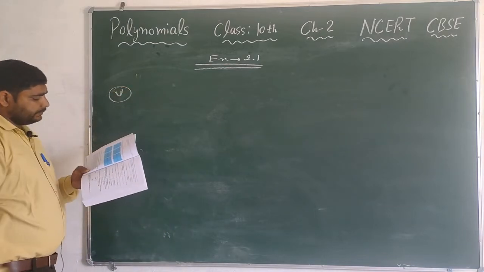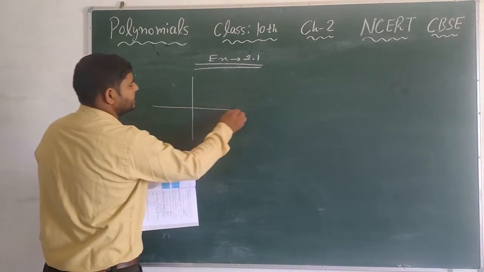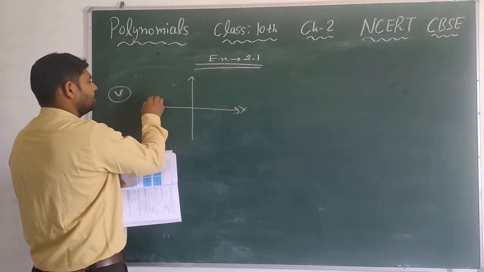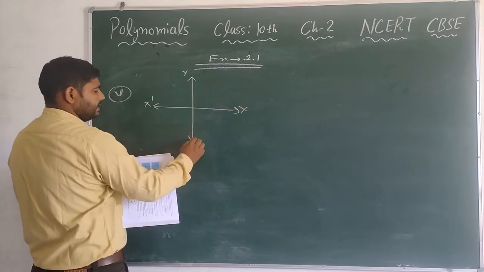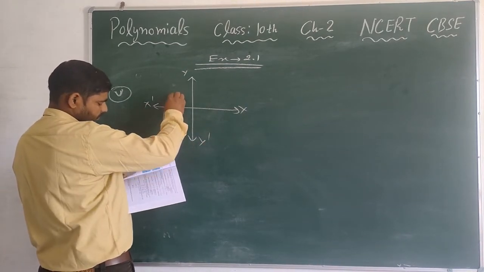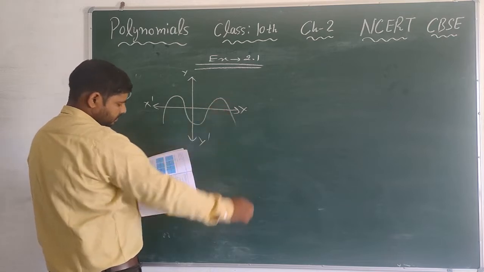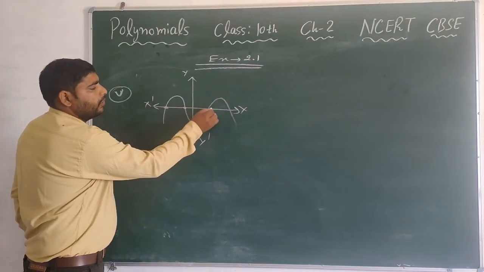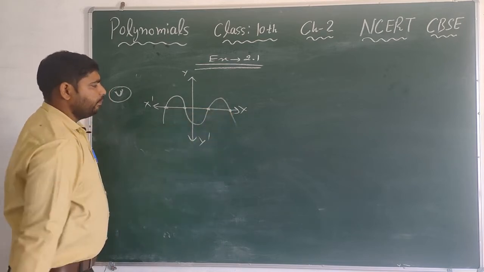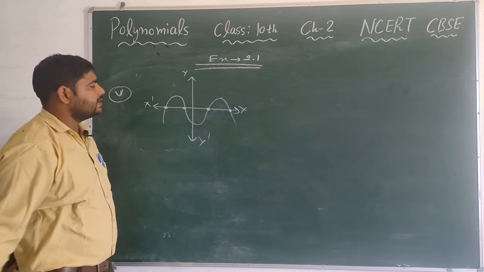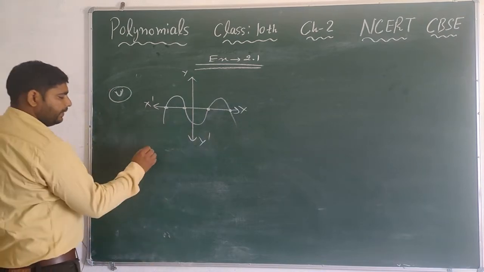Part fifth. This is the x-axis, this is the y-axis. There are 4 zeros because the graph intersects the x-axis 4 times.